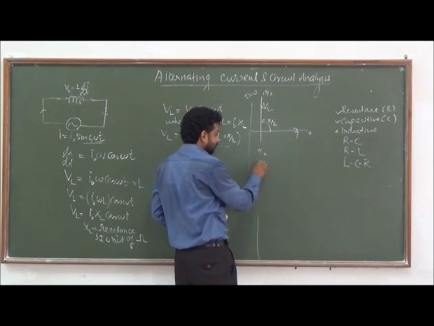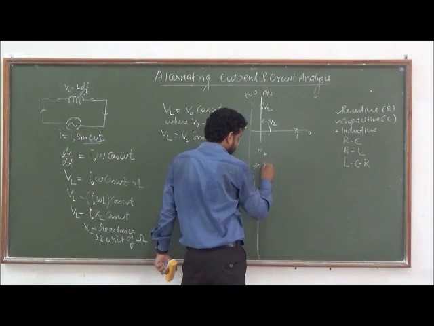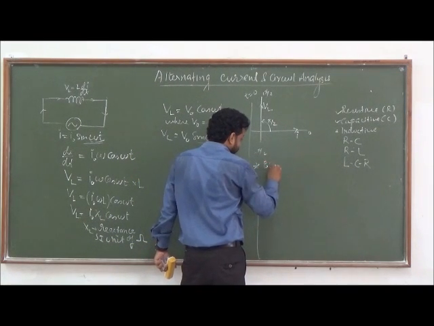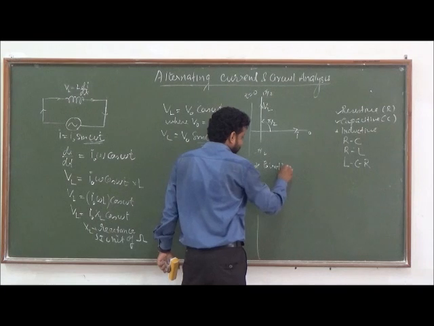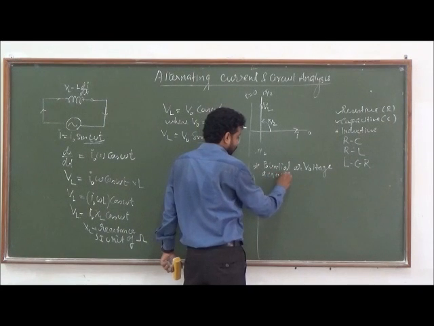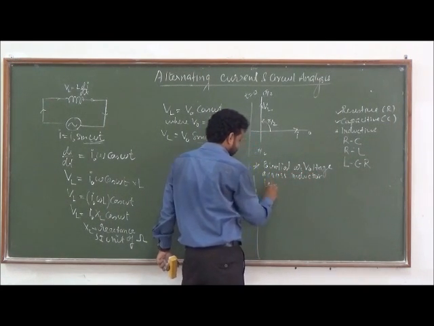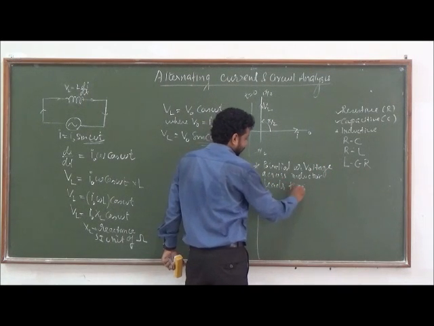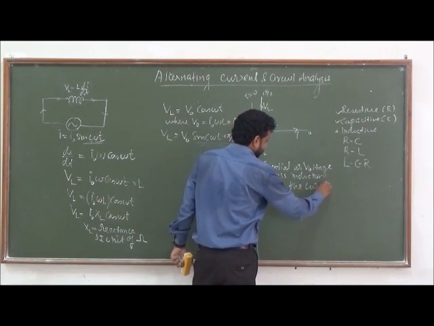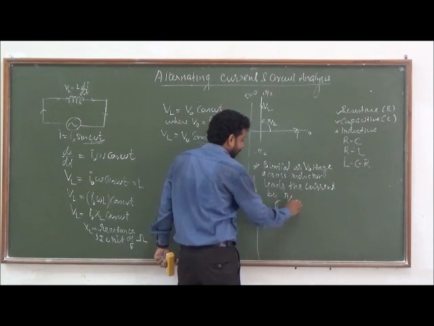So now you can make a statement. The statement says: potential or voltage across the inductor leads the current by pi by 2.